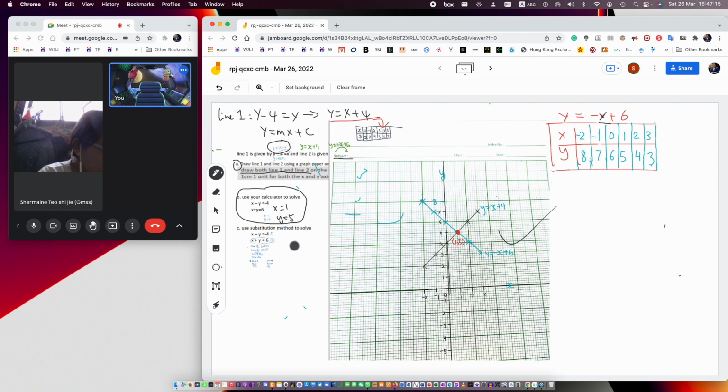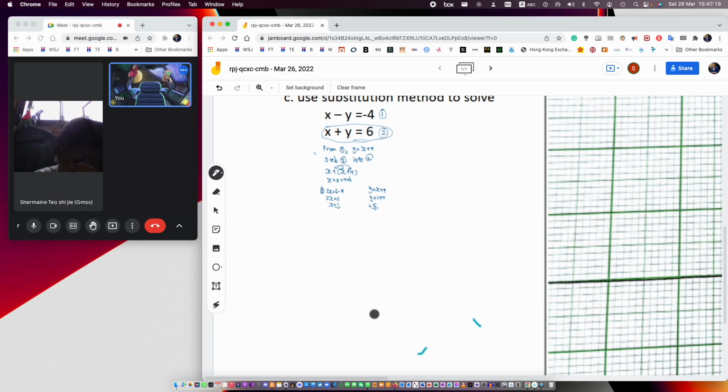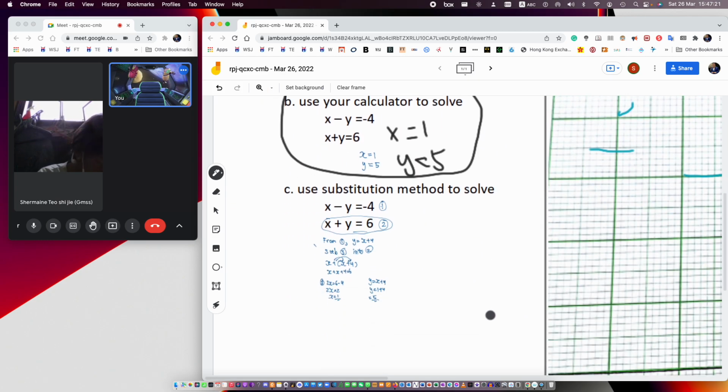And then you use substitution. What's your answer for substitution? It's too small, cannot see. It's also x equals to 1, y equals to 5, which is here. Let me double check. Okay, very good. So what do you observe here in this case?